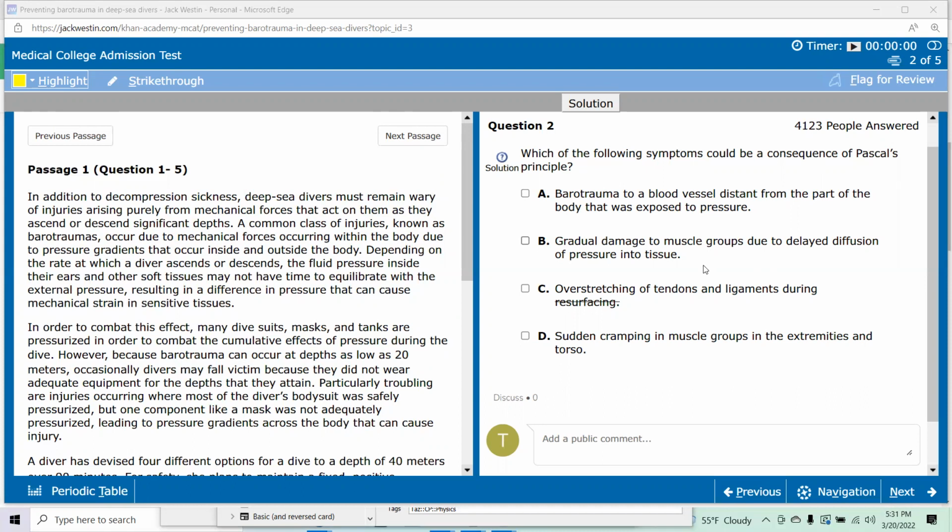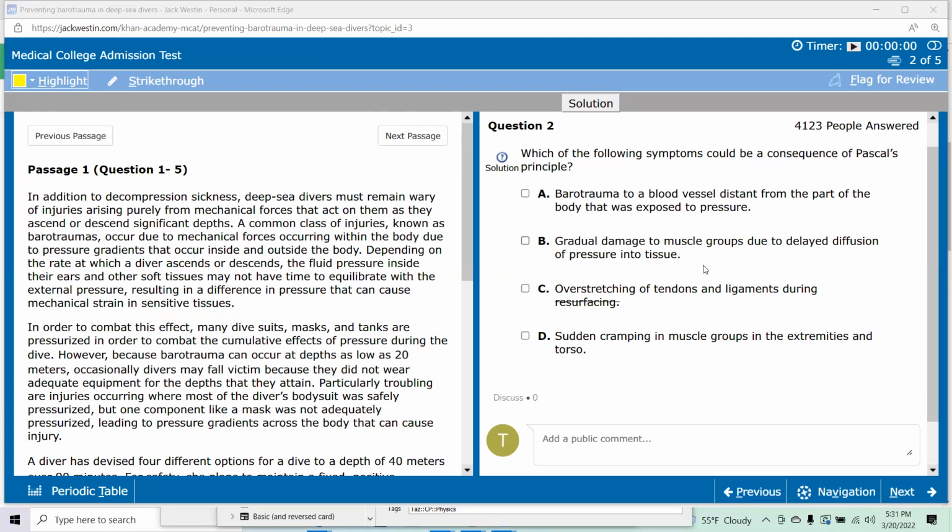Maria, did you want to say something? Yeah, I was going to work you guys through the way my logic worked for this one. I didn't know what Pascal's principle was from the start, but I knew that pressure equals force over area, and that kind of unlocked the principle.